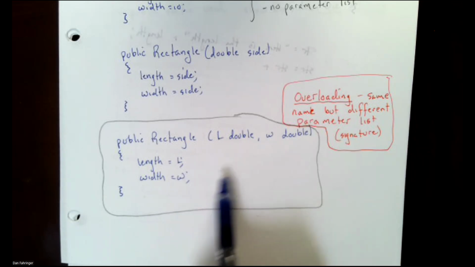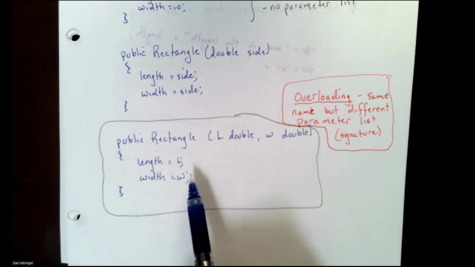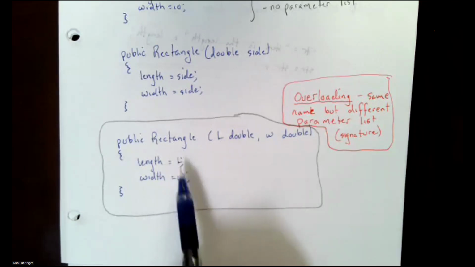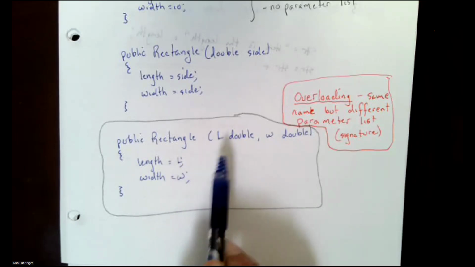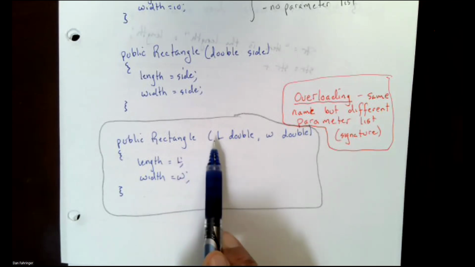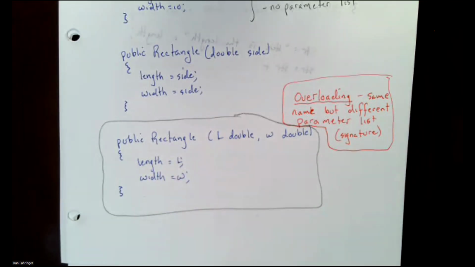We bring a value in, W. We want to assign it to a field. Now, we're going to choose to always use different names. But at some point, we'll talk about whether I could call this length just like this is length, and how that works. Yeah, we'll talk about that. But for now, we're going to say this is the value coming in. I'm using the assignment operator and assigning it to length.